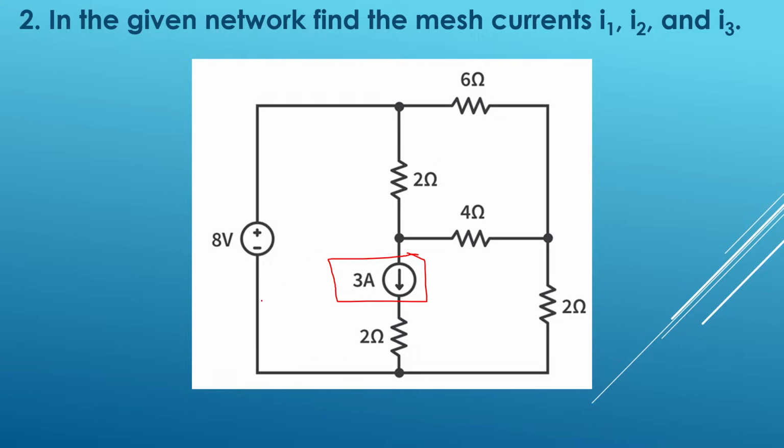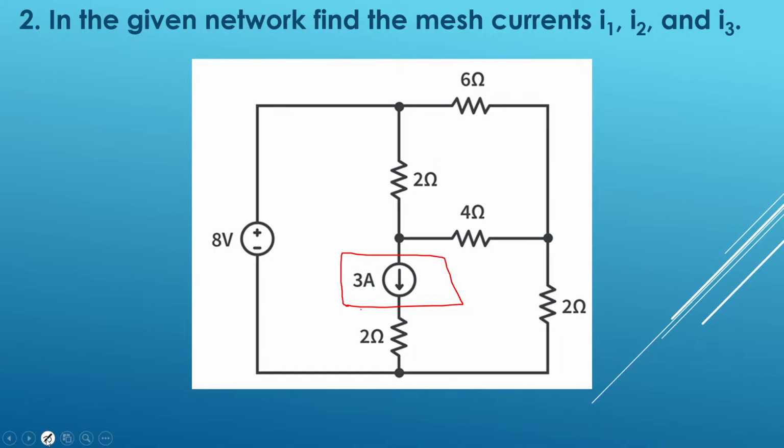First of all, you have to identify whether in the given circuit you can apply normal mesh analysis or super mesh analysis, depending on the location of the sources. If a current source is there between two meshes, how many meshes are there here?